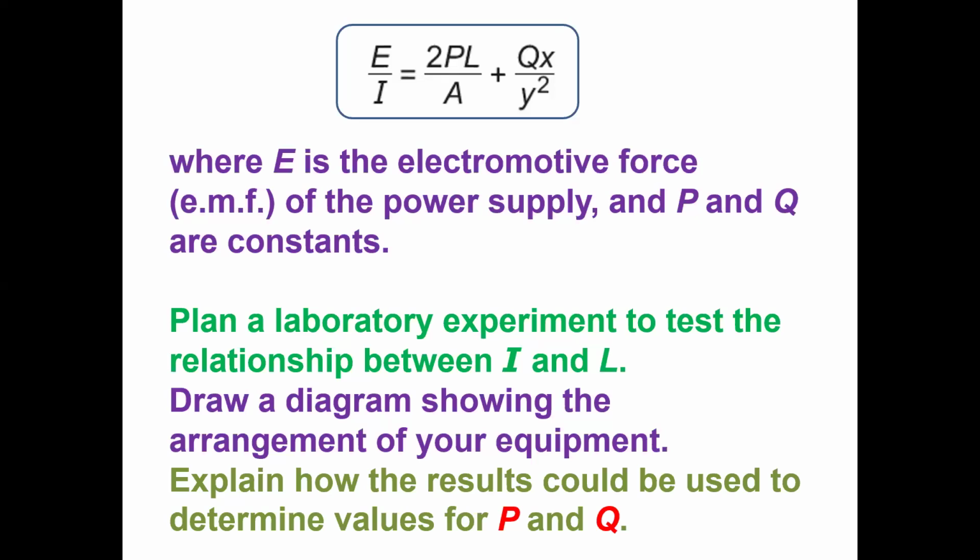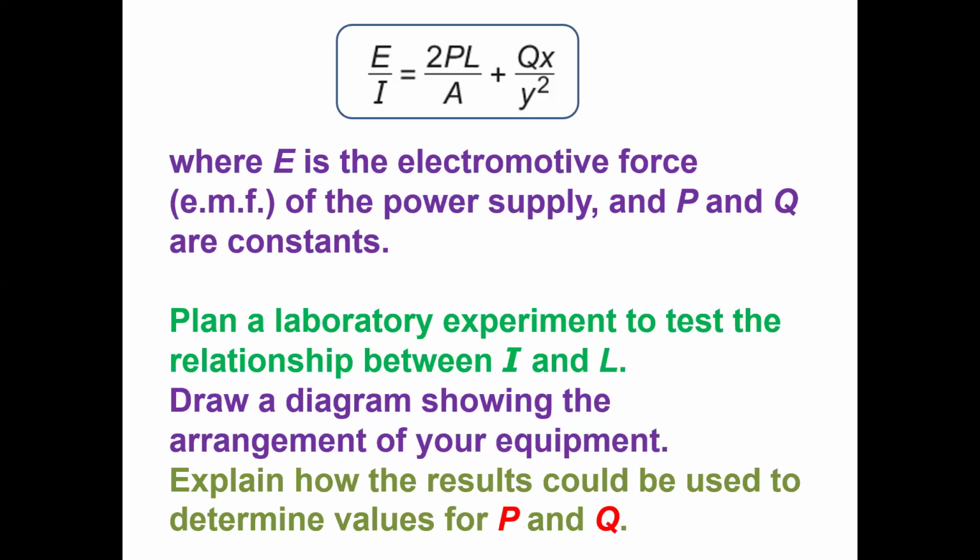Plan a laboratory experiment to test the relation between I and L. Draw a diagram showing the arrangement of your equipment. Explain how the results could be used to determine.